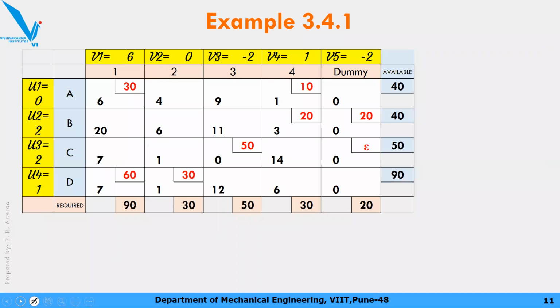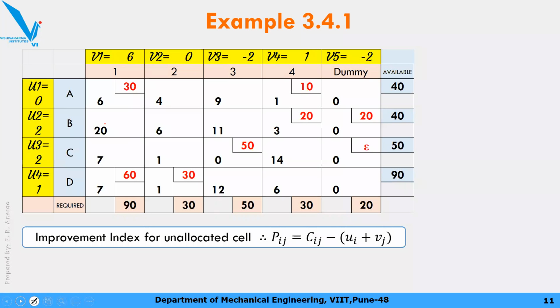Now we are going to calculate penalty for each unoccupied cell by these values of u and v. Okay, again penalty calculation is simple. For example, we are going to calculate improvement index or penalty for P21 point. So this location, this is unoccupied cell.